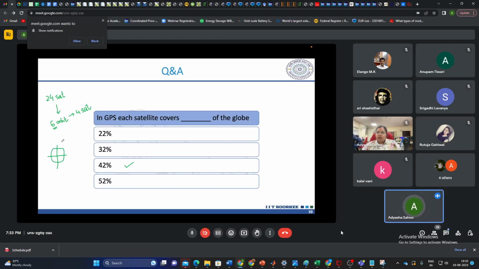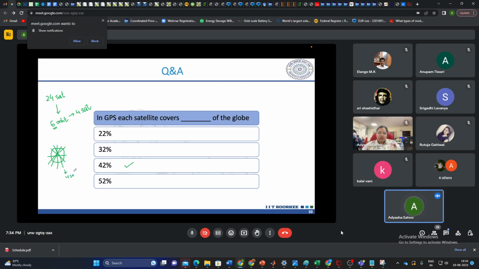So if I represent the orbits by straight lines, let's say 1, 2, 3, 4, and there will be another two parts. Likewise, in each orbit we are having 4 satellites.